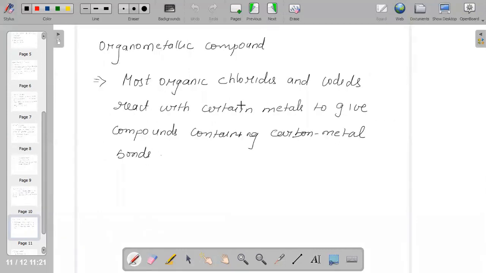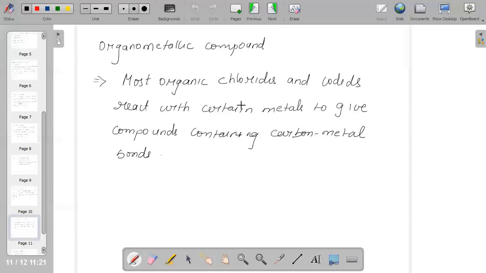What is an organometallic compound? Most organic chlorides and iodides will react with certain metals to give compounds containing carbon-metal bonds.